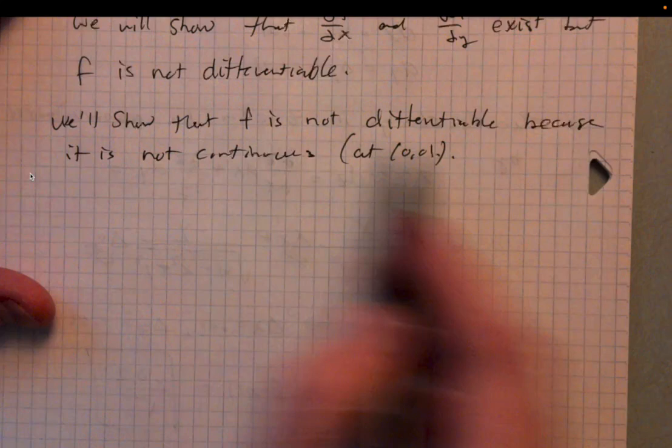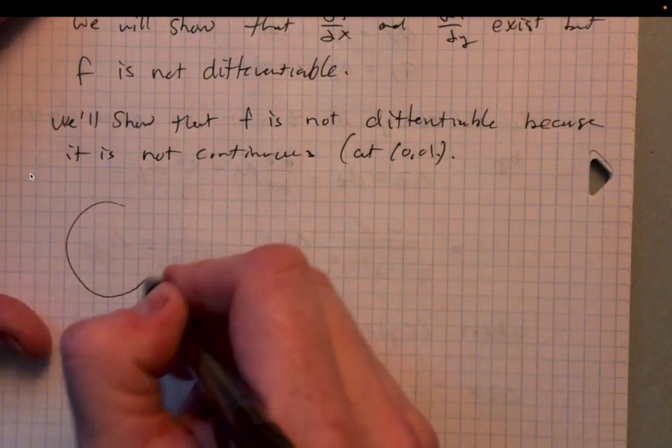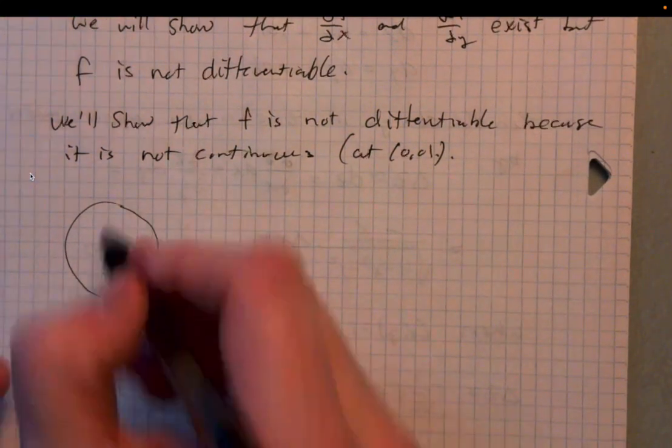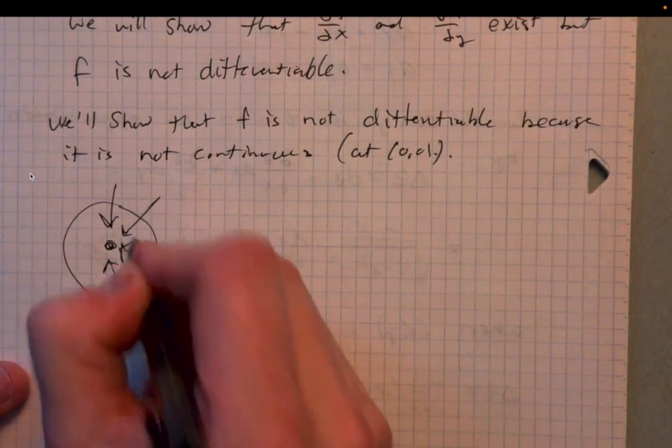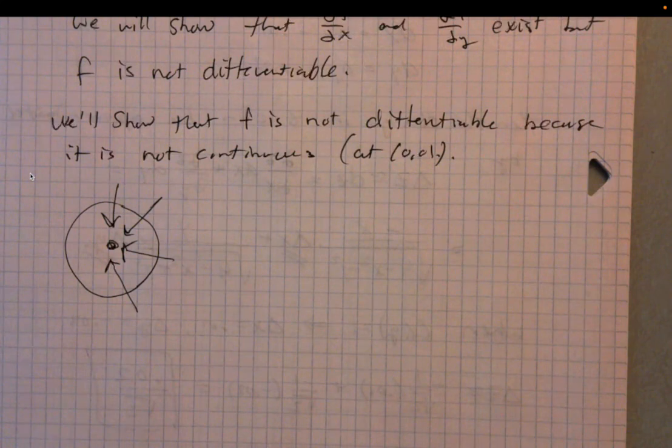Now, what we saw in the case of multiple variables is that if we have a region and some point, we need to be able to approach that point from any direction and have the limit be the same. And that's what we can exploit in this particular example.